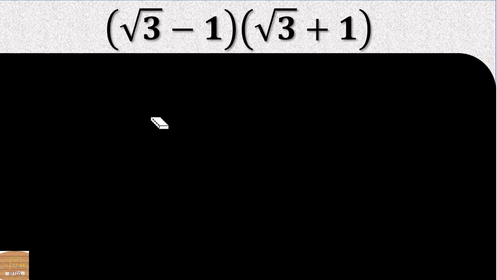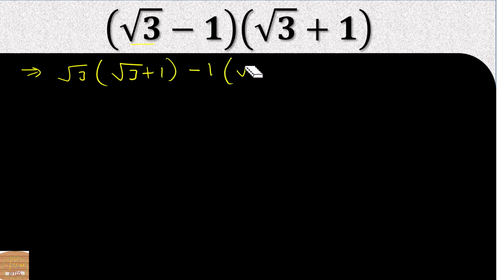Now let's look at this one. All right, so root 3 will take the second bracket, so root 3 will take root 3 plus 1, then minus 1 also takes it. All right, so let's apply the property. So we have root 3 whole squared plus root 3.